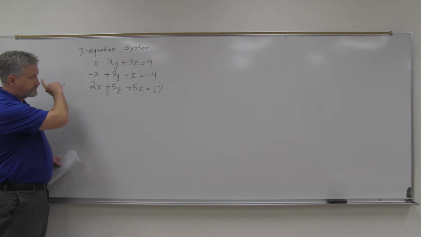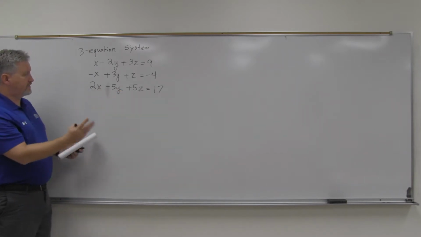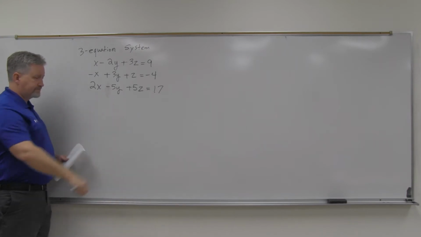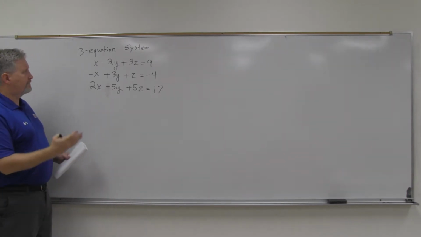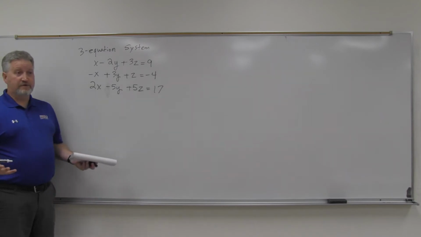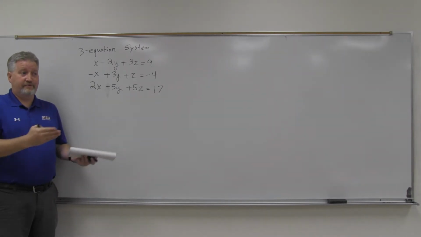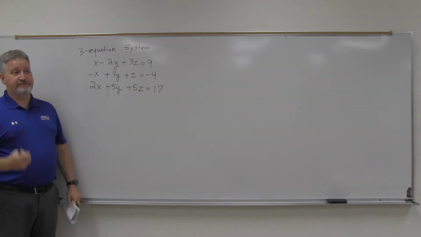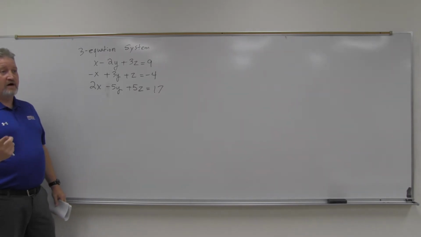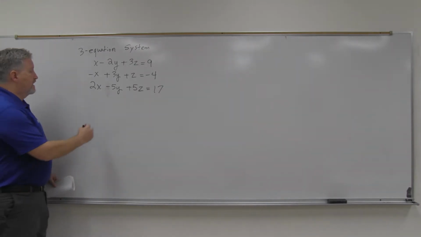So I've got three equations and three unknowns, three variables. And so, of course, it's going to take three parts to make a solution. We need an x and a y and a z.